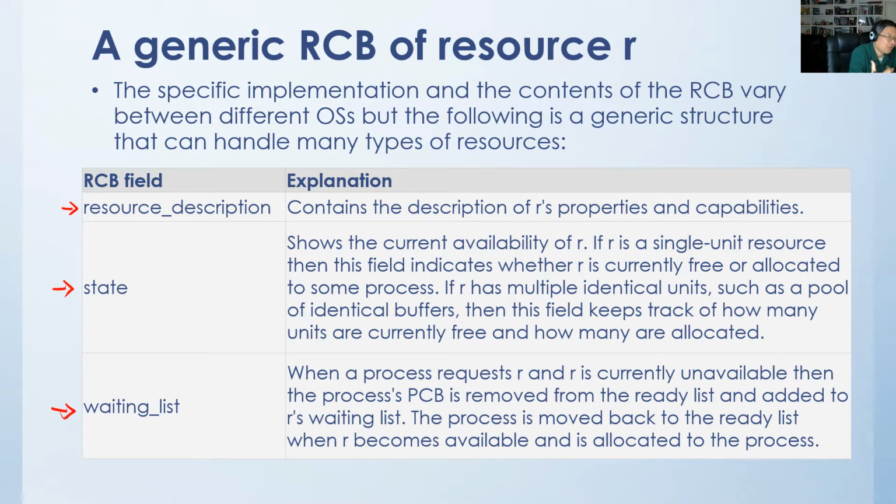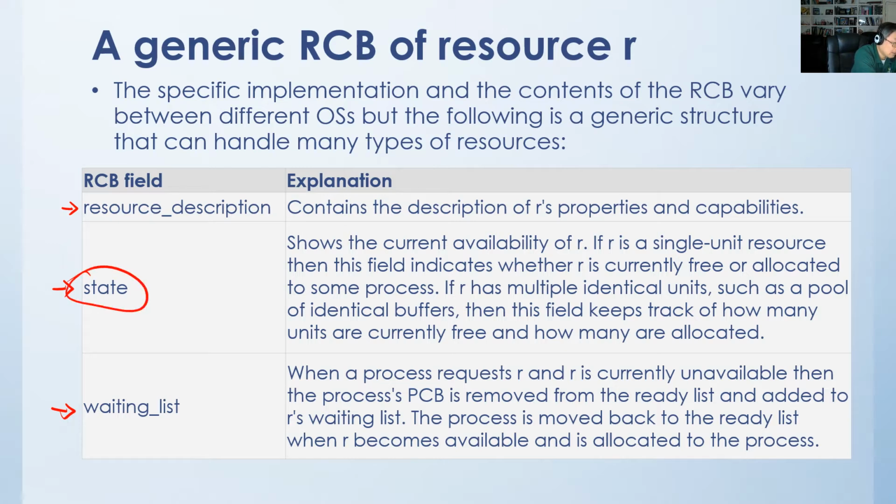Now that's just a generic RCB for a particular resource in a particular operating system. You may see some more fields, but these are common fields for any resource. Okay, so that's something we just discussed.